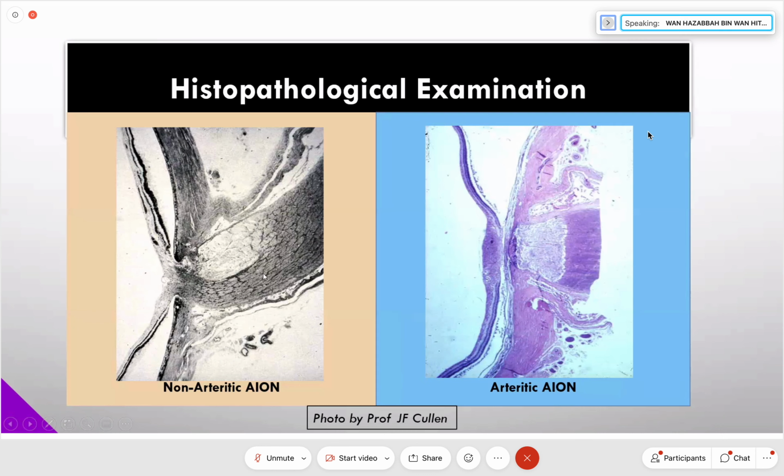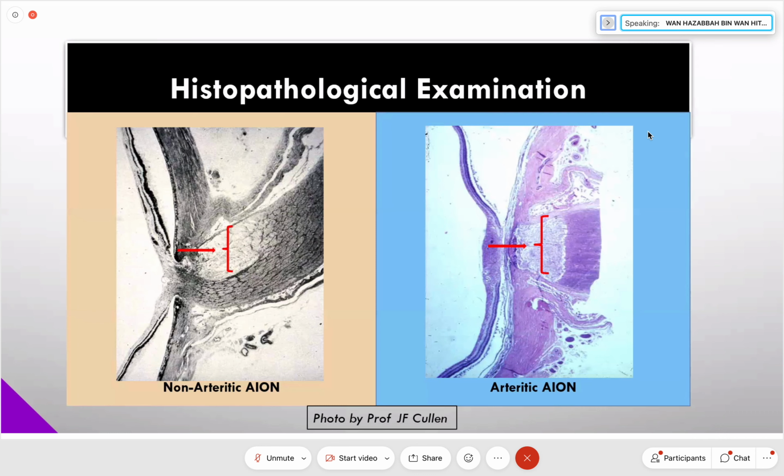Showing the comparison between non-arthritic and arthritic. If you see here in non-arthritic, there's one part, partial optic nerve ischemia, compared to arthritic, the whole optic nerve is involved.